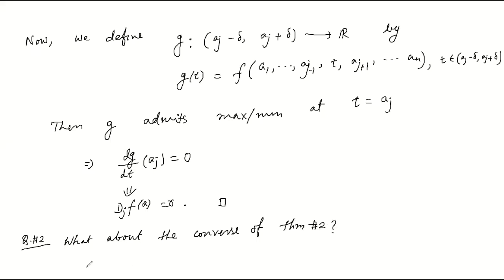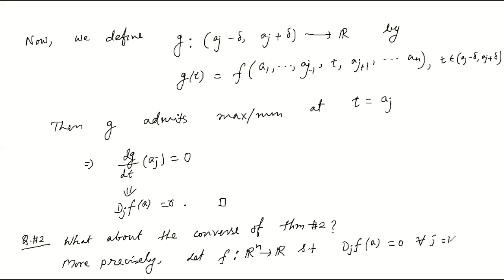More precisely, converse means: let f be a function from R^n to R, so a real valued multivariable function, such that all the partial derivatives d_j f at a are equal to 0 for all j equal to 1 and so on up to n.